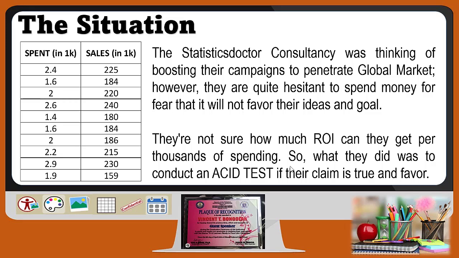So this is the data, the money spending in thousands of pesos and the sales in thousands of pesos. For example, with a spending of 2,400, they will get 225,000 sales. For 1,600 spending, they'll get 184,000 sales, and so on and so forth.